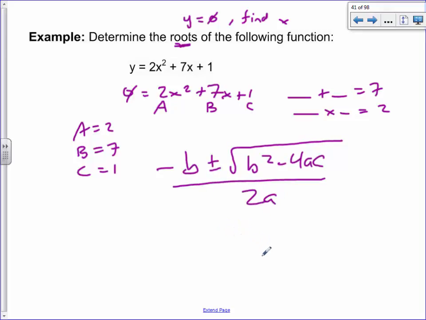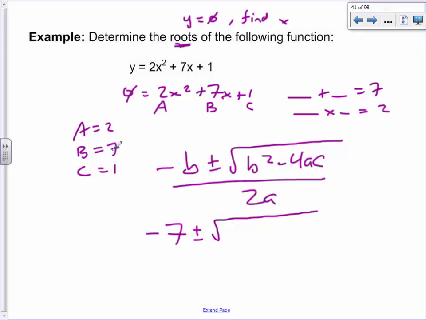So let's start plugging in some values. We need minus b. By the way, this is on your formula sheet. Well, b is 7, so we're going to make it minus 7. Then we write the plus or minus symbol. We're going to deal with the two issues, the plussing and minusing, in a bit. We'll get to that in a second. Then we have to use b again right away, so you actually double plug in whatever b happens to be.